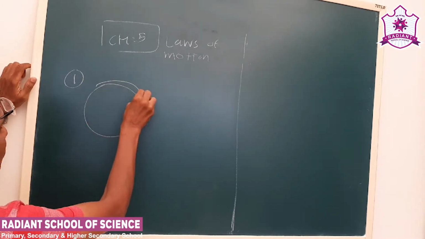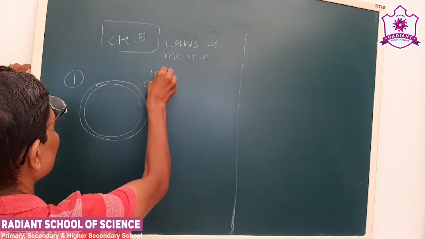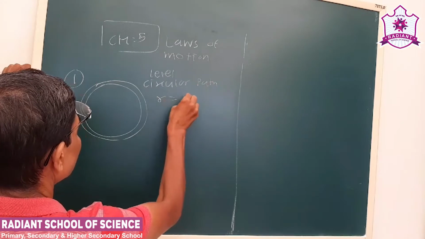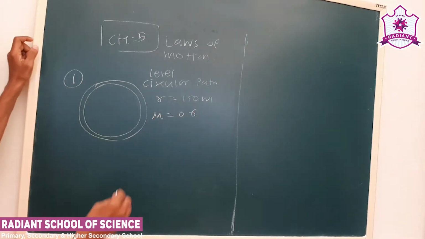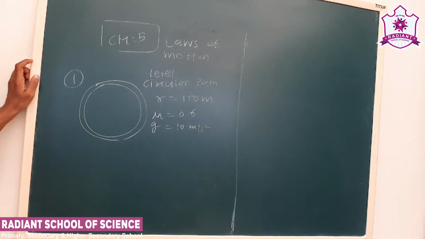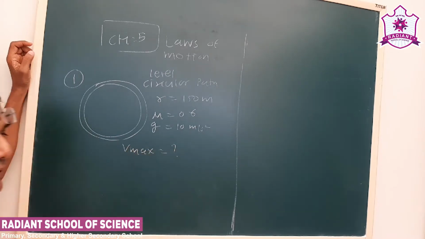The vehicle is moving on a level circular path of radius 150 meter. The coefficient of friction is given as 0.6, and g is 10 meter per second square. We have to calculate with what maximum speed it can drive safely.